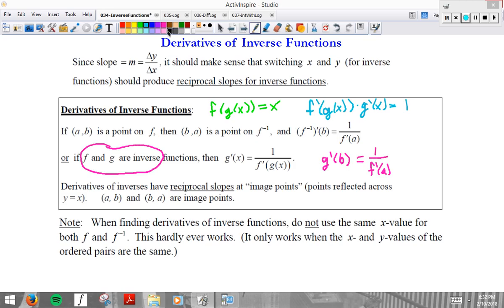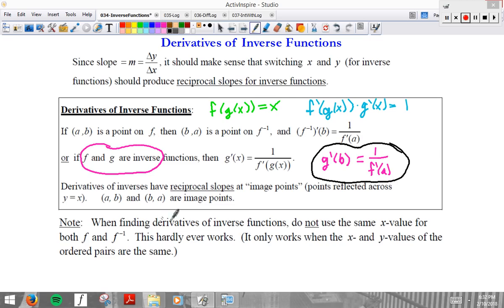What do I want you to take away? Just that. If we want to find the g prime of a y coordinate, basically, we would do 1 over f prime of the a coordinate. Derivatives of inverses have reciprocal slopes at their image points.